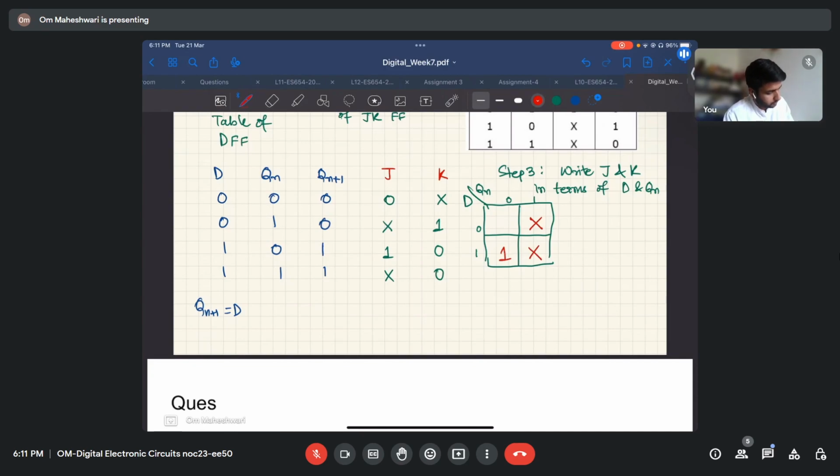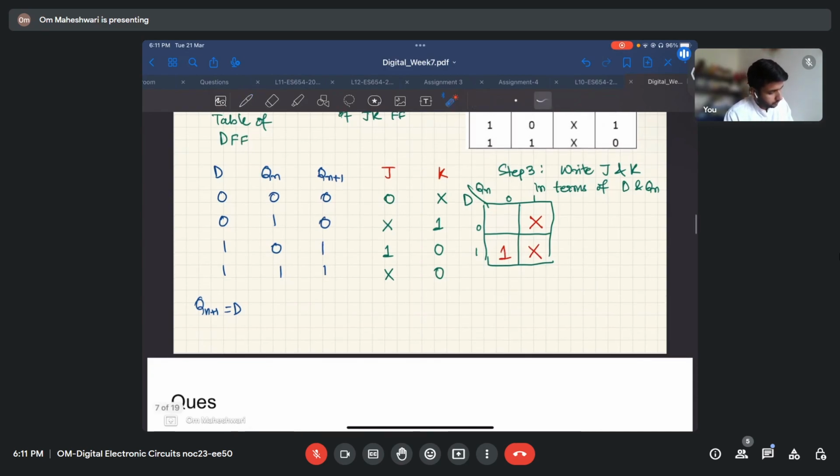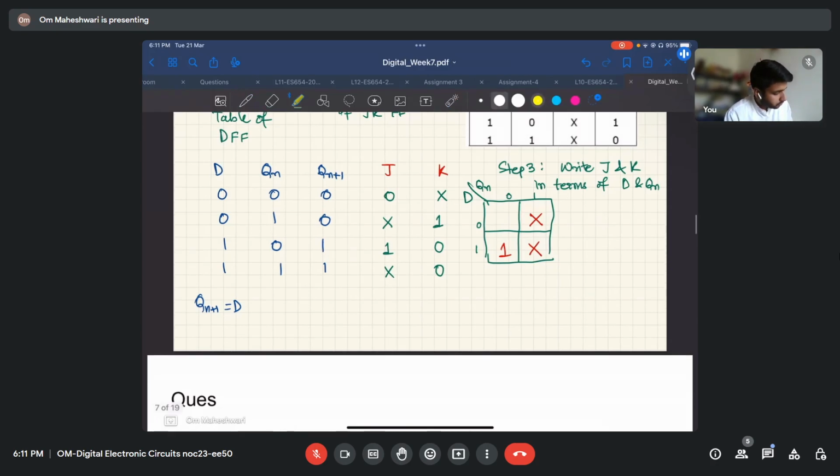Here also we have a cross. At 1, 1, we have cross. Okay, so this is for J. Let us make a pair here. This is a pair that we can make, and this will give us J equals D.